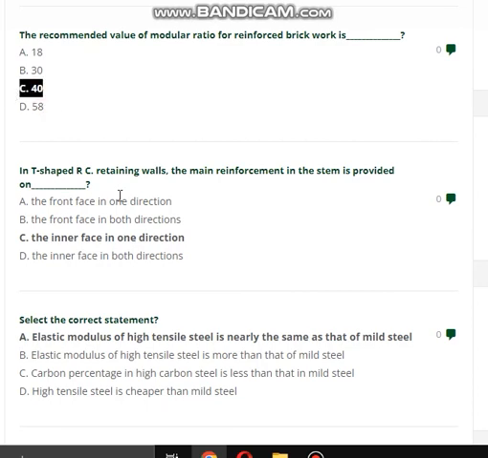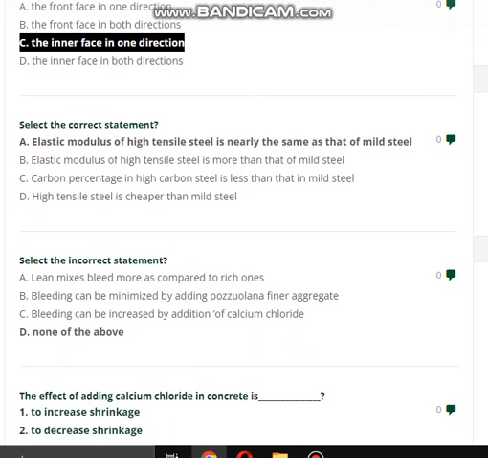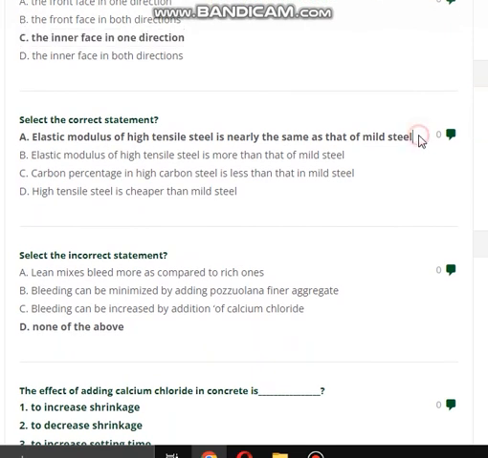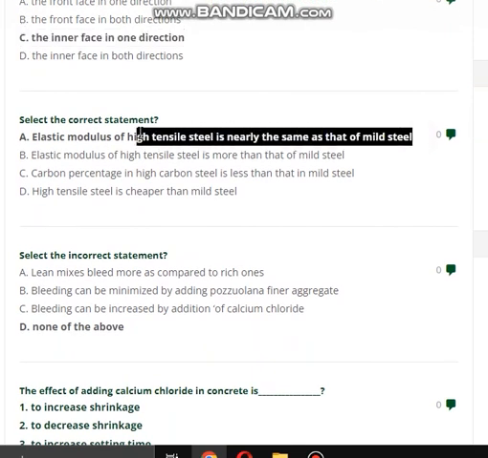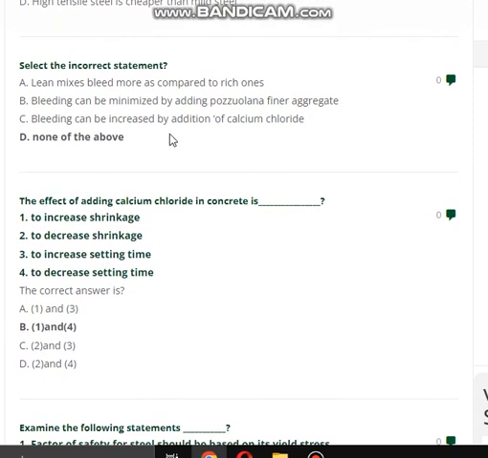In the T-shaped RC retaining wall, the main reinforcement in the stem is provided on the inner face in one direction. Select the correct statement. Elastic modulus of high tensile steel is nearly the same as that of mild steel. Select the incorrect statement.